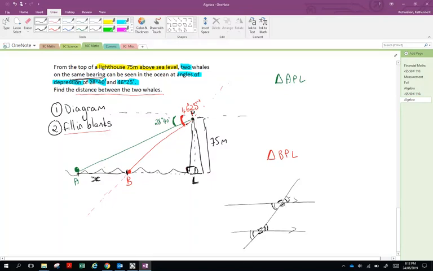Knowing that information, I'm going to apply that to triangle APL. I'm going to draw these lines out a little bit. I know that this side is 28 degrees and 40 minutes, so that means across my line, between my line of sight and the extension of this, is also 28 degrees and 40 minutes.